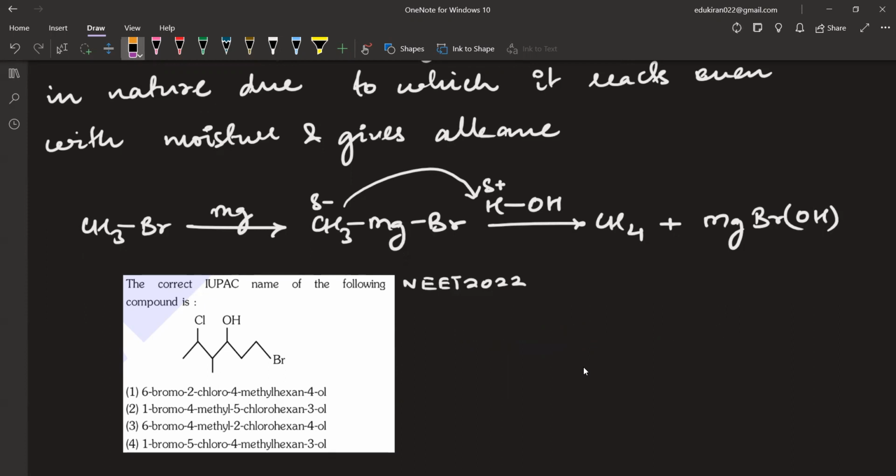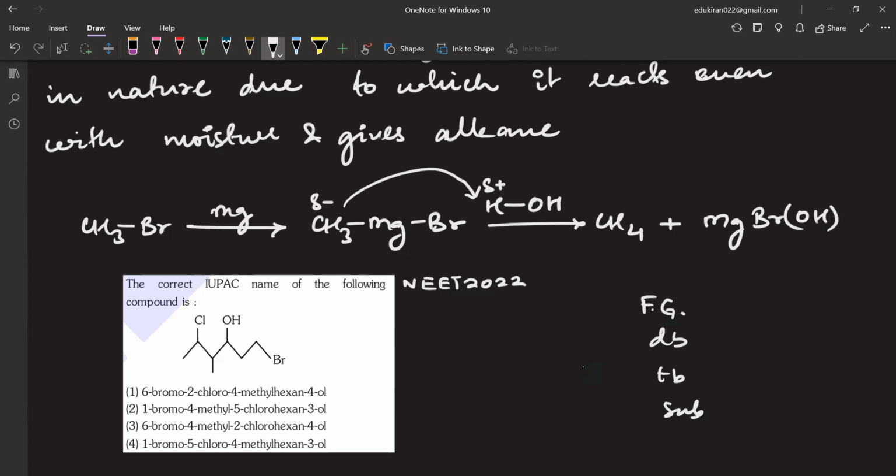Try this one. Let us see how many of you are getting the correct one. I hope you remember the criteria for numbering. The functional group should get the lowest number. If not, then the double bond. If not, then the triple bond. If not, then the substituents.